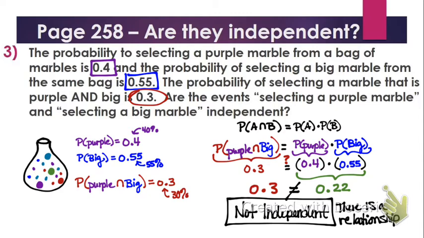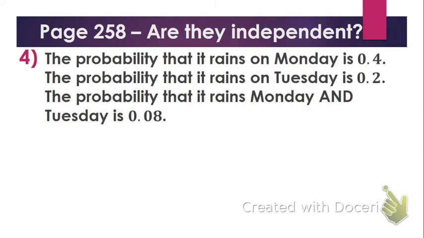All right, let's go look at number 4. The probability that it rains on Monday is 0.4, or 40%. The probability that it rains on Tuesday is 0.2, or 20%. The probability that it rains both Monday and Tuesday is 0.08, or 8%.